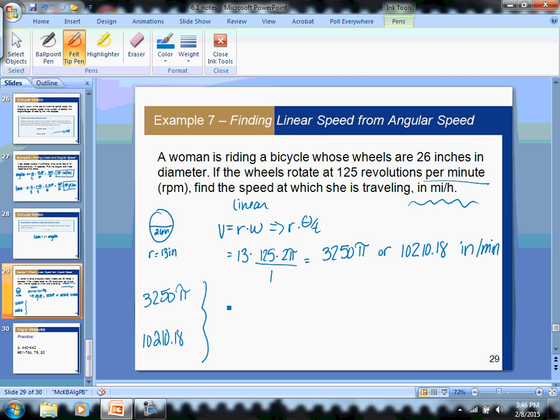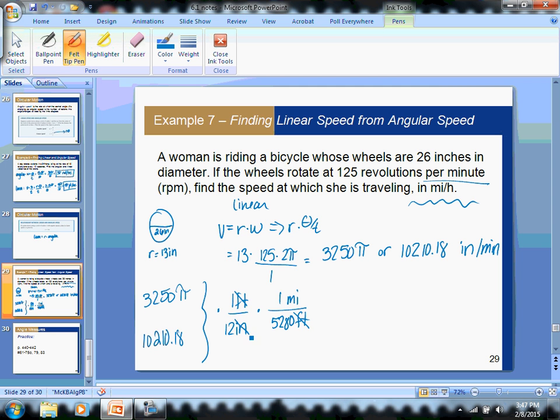So we're going to have to change those inches into feet. So we're going to have to multiply by 1 foot over 12 inches. And then I'm going to have to multiply the feet into miles. So in 1 mile, there's 5,280 feet. So now my feet have canceled.